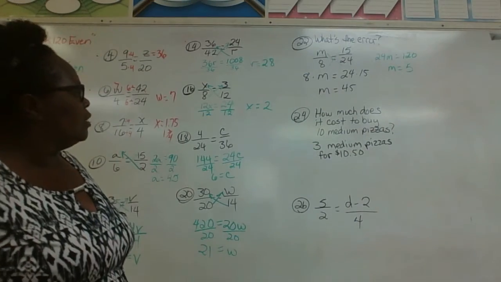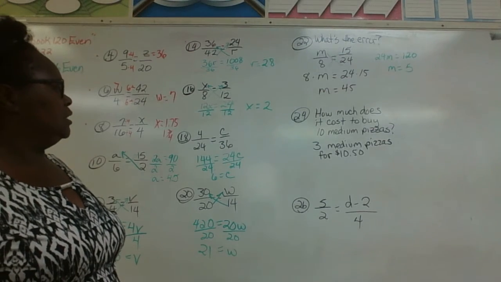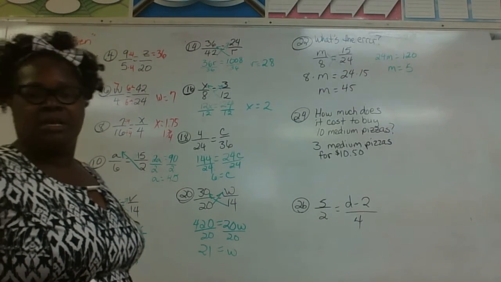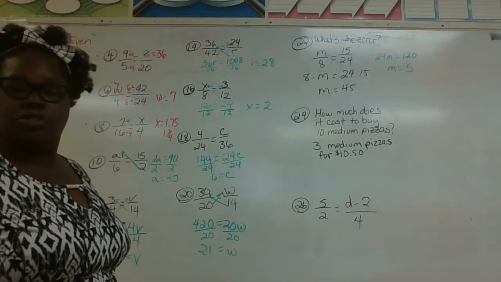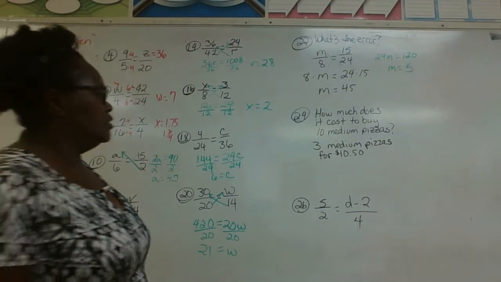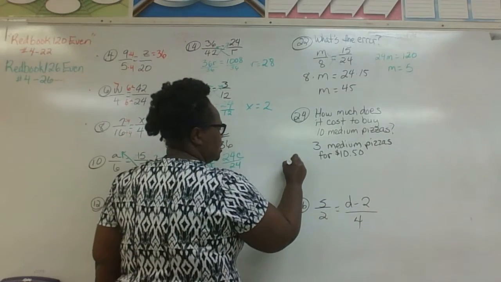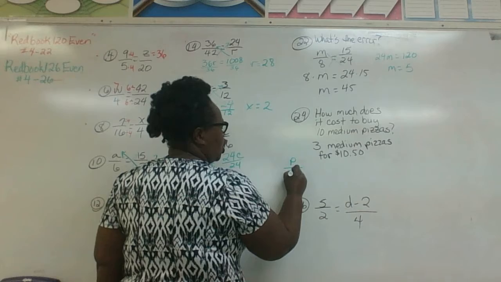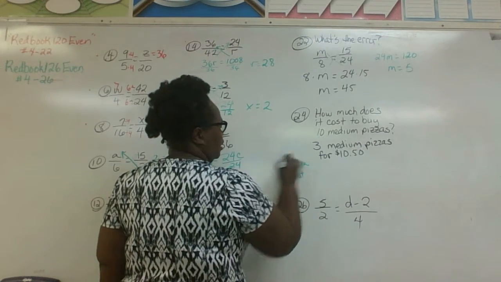Now, here we have a word problem. How much does it cost to buy 10 medium pizzas? 3 medium pizzas cost $10.50, but you want to know how much it costs to buy 10. So let's set this up. We have the pizza to the costs, okay? All right.